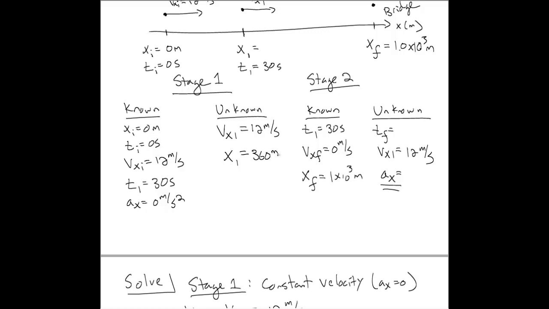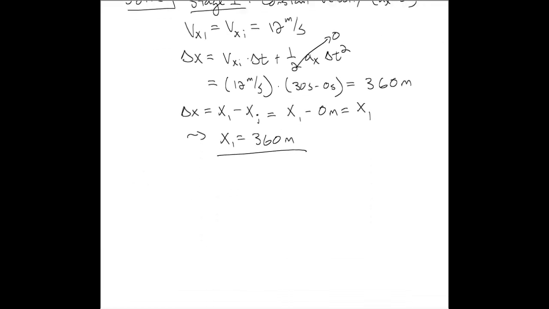And we can go on to finding what we want to find in stage 2. So in stage 2, what we'd really want to find is the acceleration. We could find the time as an intermediate step, but if we could get the acceleration in a quicker way, it'd be nicer to do that. So we're going to aim to find the acceleration. So let's do stage 2. Stage 2 is constant acceleration.